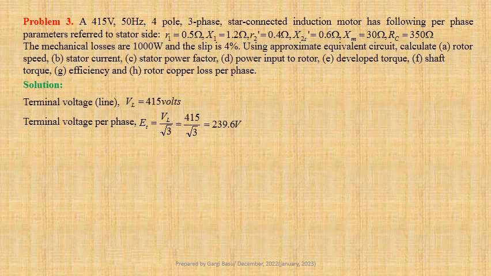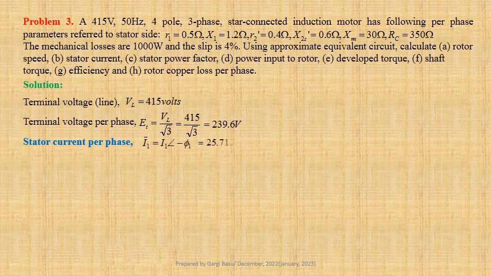In polar form, we can write stator current per phase I1 equals I1 at an angle minus phi 1 equals 25.7128 ampere at an angle minus 27.284 degree. For star-connected induction motor, stator current per phase equals stator line current.